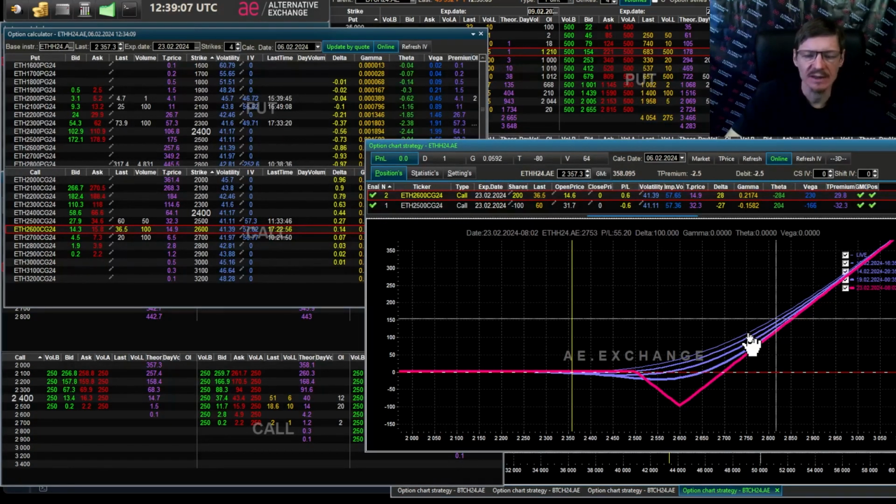The more unexpected the change, the more powerful the price movement. We expect less aggressive price movements when the price scenarios are predictable. So, if Ether breaks the 2,500 level, the price could go even further to 2,700 or 2,800, maybe even 3,000.